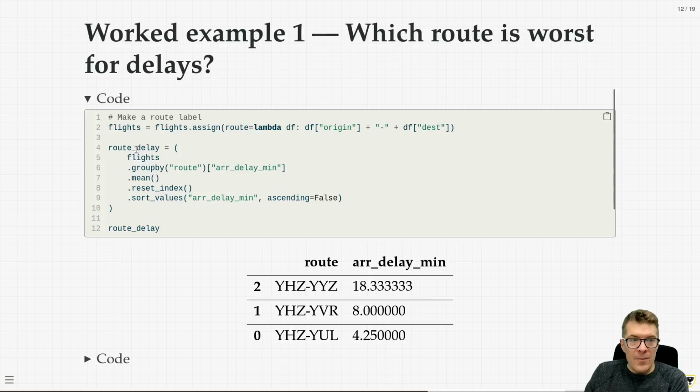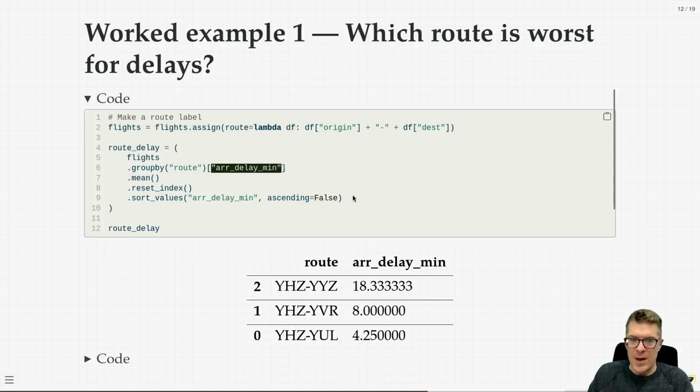So here, once I have all of this, I have my flights, which is my whole dataset, and I have this route column. I can group by route. Group by does what it says it does. It takes all of the instances of a particular route, and it measures the arrival delay in minutes.